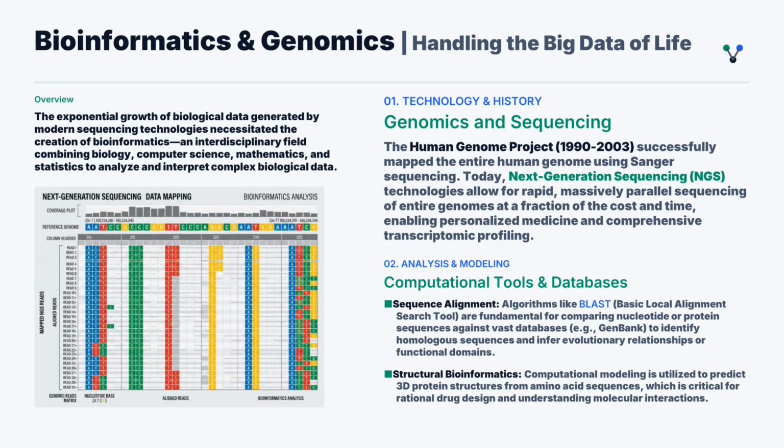Bioinformatics bridges computer science, mathematics, and molecular biology, utilizing sequence alignment algorithms like BLAST to identify homology across global repositories, alongside predictive computational modeling that translates primary amino acid sequences into three-dimensional protein structures for targeted drug design.